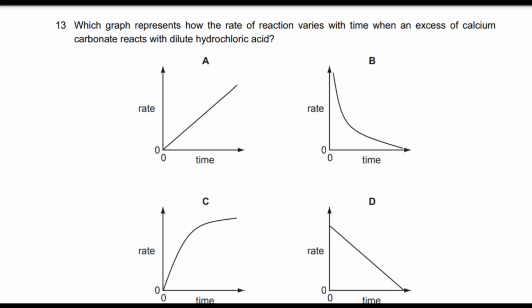The last question of this video says: which graph represents how the rate of reaction varies with time when an excess of calcium carbonate reacts with dilute hydrochloric acid. Alright, so whenever a chemical reaction proceeds, you must know that in the beginning it is very fast and it gradually slows down and then it finally stops. In Alpha option, it is a very steep line, so that cannot be the answer.